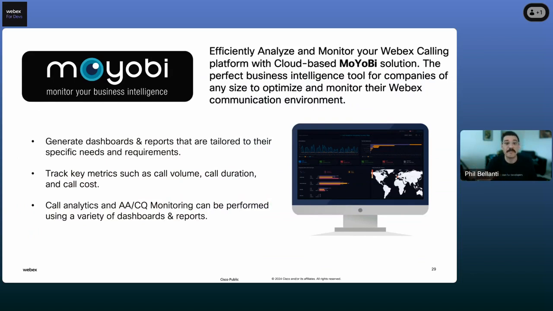So you can efficiently track key metrics, things like the call volume, the durations, the costs for each call. It also serves as a great monitoring tool for auto attendants and call queues. So this is a great integration that's using the reporting APIs. You can learn about the integration also in the Webex App Hub. So be sure to check that one out. It's Myobi.